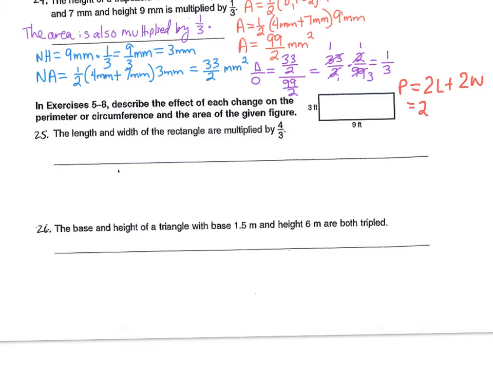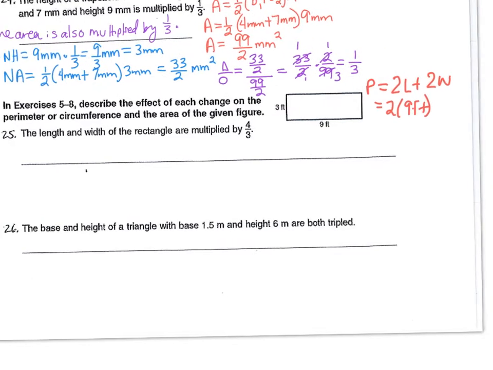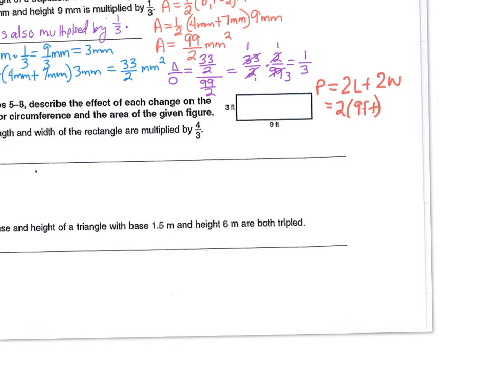So, 2 times the length is, Gabi, what is the length? 9. Great, Gabi. And what is the width? 3? Great. Thank you, Gabi.